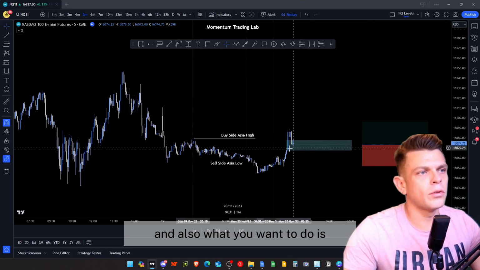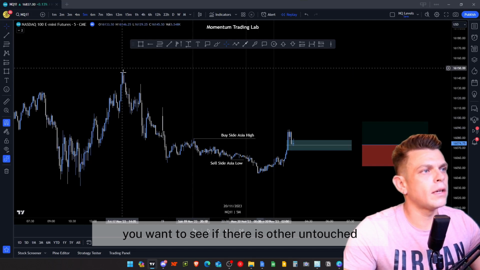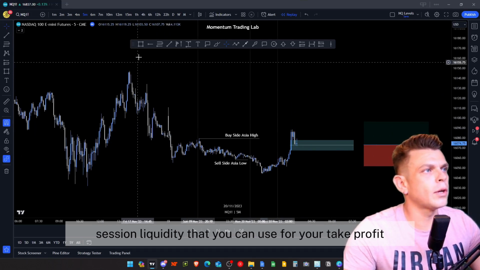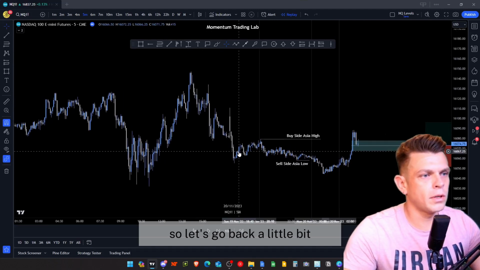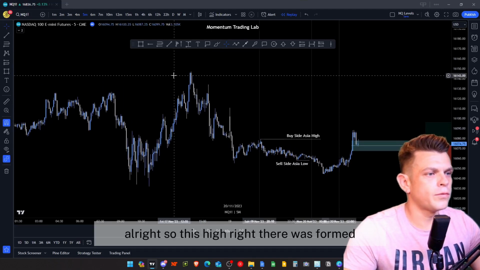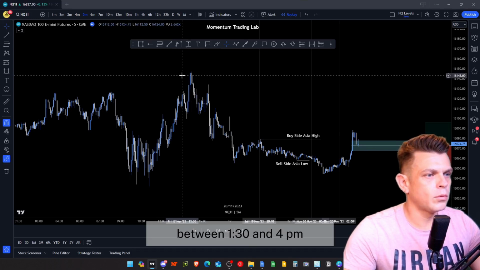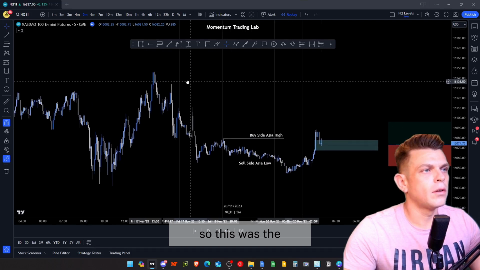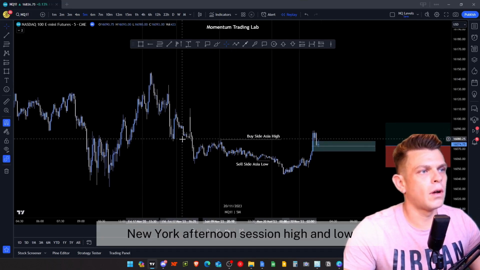Also, you want to see if there is other untouched session liquidity that you can use for your take profit. So let's go back a little bit. All right, so this high right there was formed between 1:30 and 4 p.m., so this was the New York afternoon session high and low.